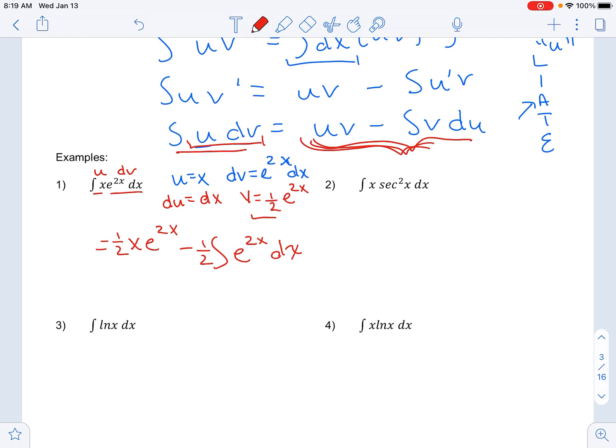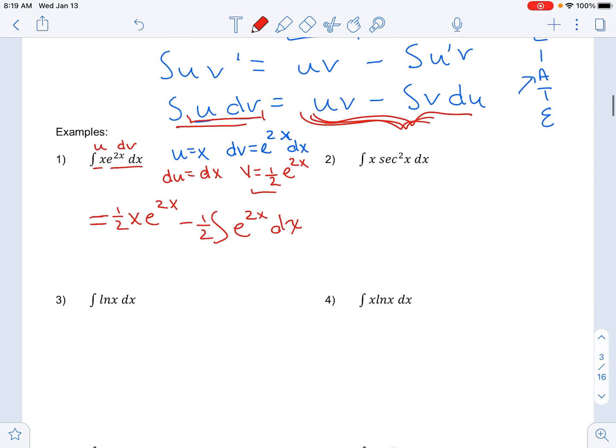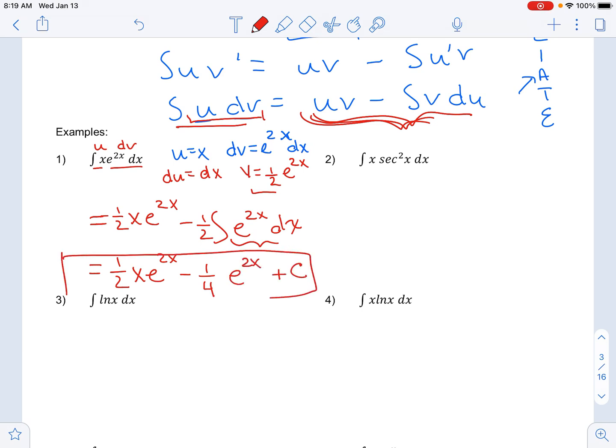Now notice your answer still has an integral in it, but now that should be something that you can do pretty easily. The antiderivative of e to the 2x is 1/2 e to the 2x, so really this is going to become 1/4, because you have another 1/2 e to the 2x, and then we'll put that constant of integration at the end. So the antiderivative of this is all of this.